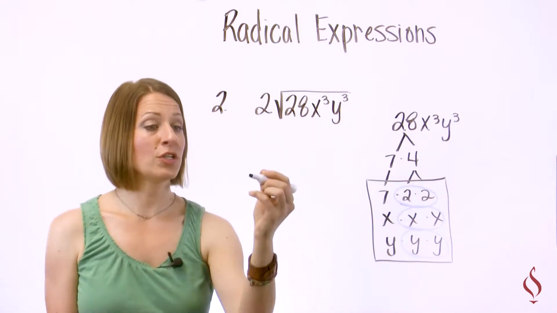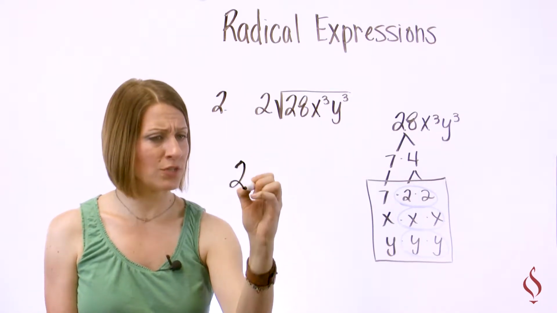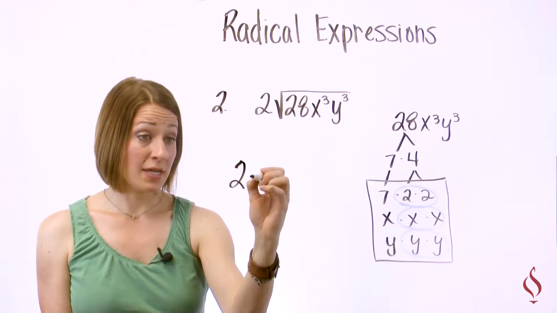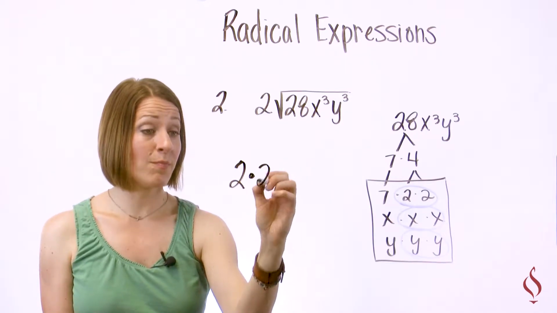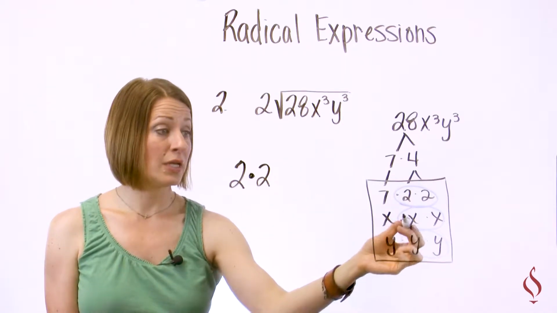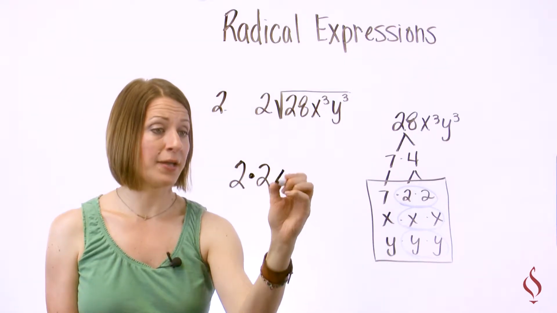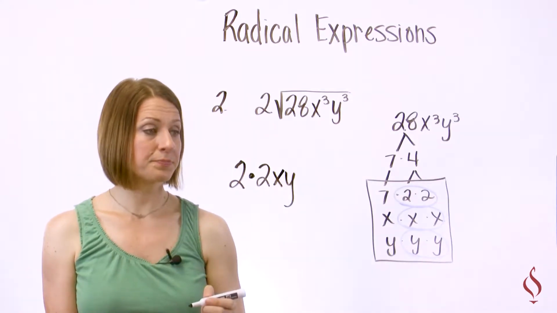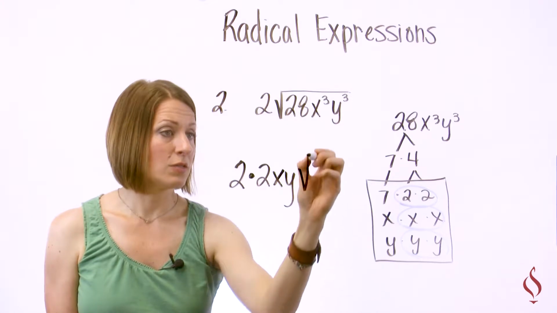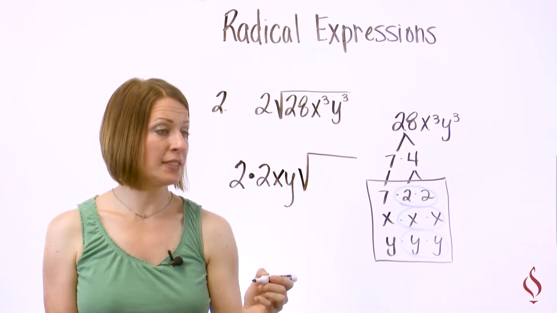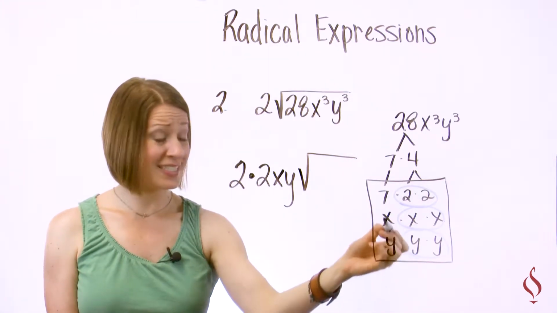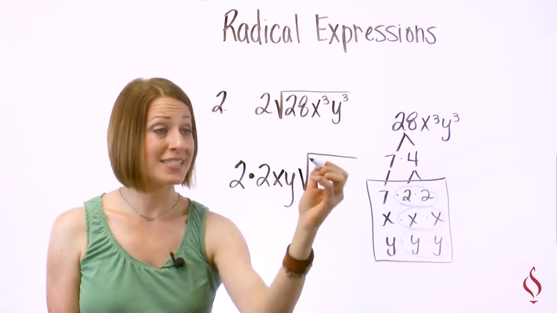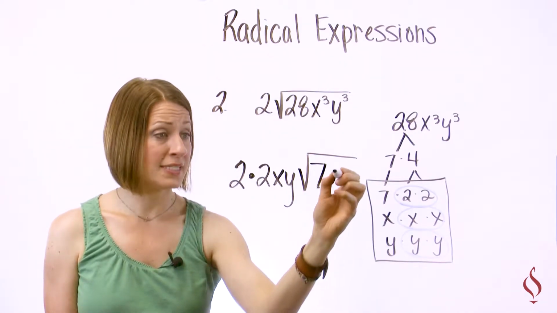So here's my original 2. I'm now going to multiply it by the new 2 and the x and the y. Draw the radical symbol again, and each of these that did not have a pair stays under the radical: 7xy.